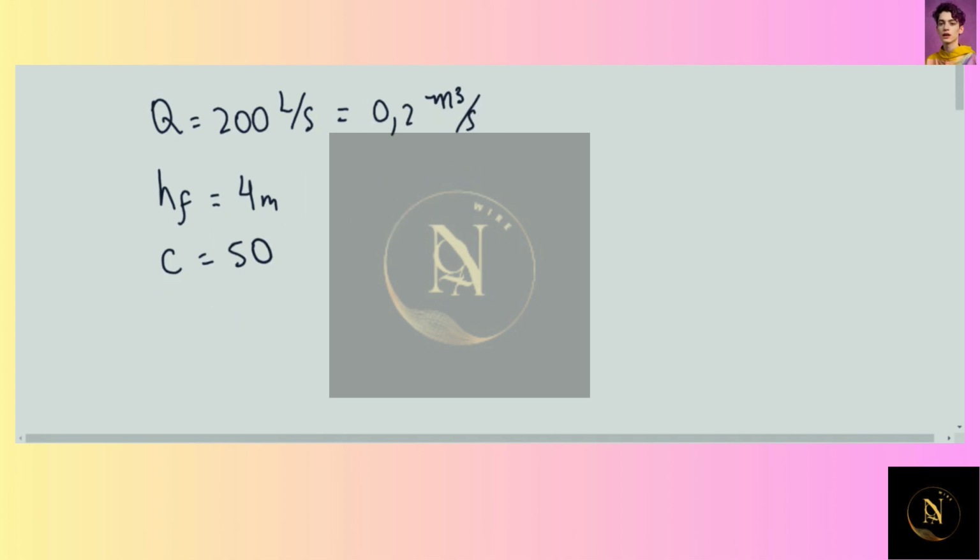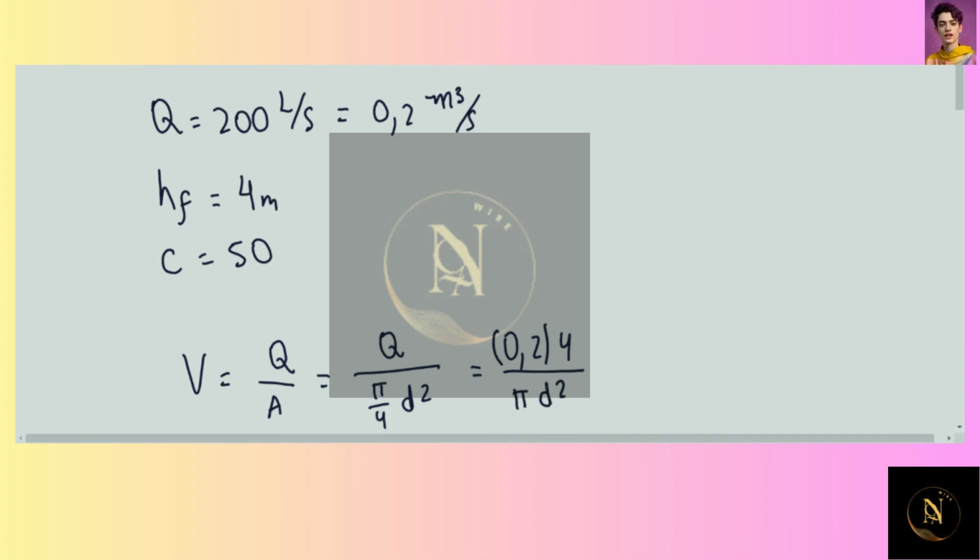So we start by knowing that the velocity can be written as the discharge divided by the area. Now, we can write the area in terms of the diameter as pi divided by 4 times the diameter squared. So if we substitute the value for the discharge, that will be 0.2 times 4, divided by pi times the diameter squared.